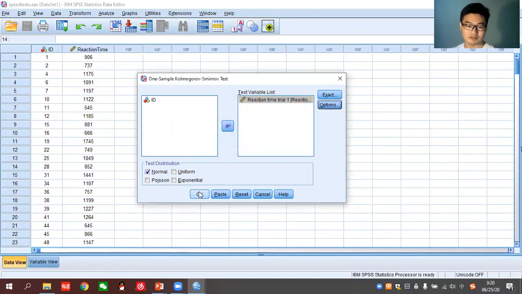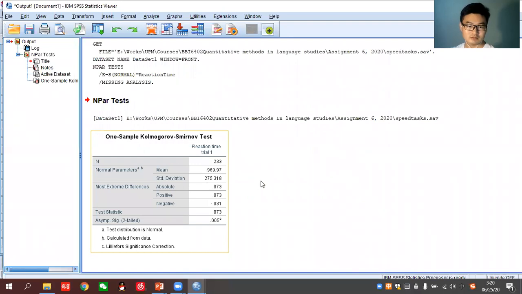It's okay. This is the KS test result. Here, we can see the test statistic is 0.073. It is just the same as we have calculated in our slide.